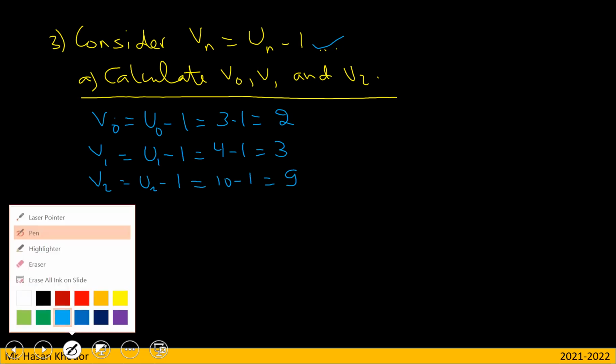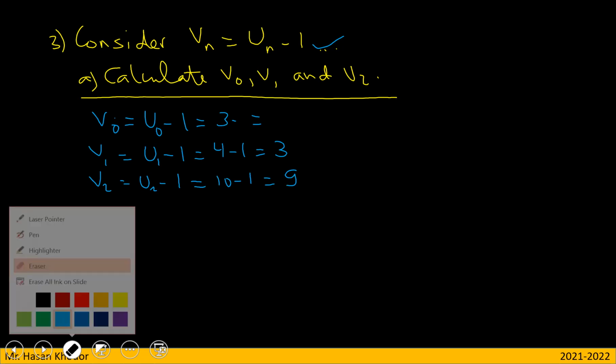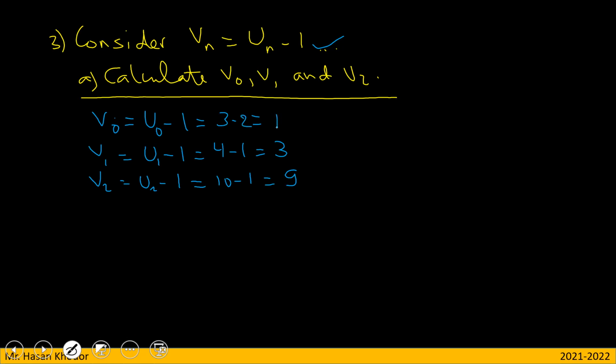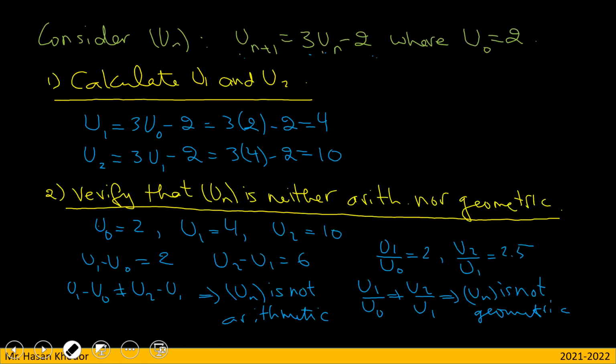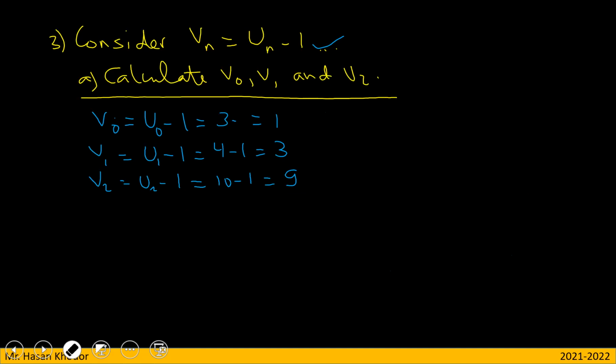Sorry. u0 was 2 and not 3. I get here 2 minus 1, which is 1. Now here we get the first 3 terms. We go to part B. In part B, I'll ask you to show that Vn is a geometric sequence.